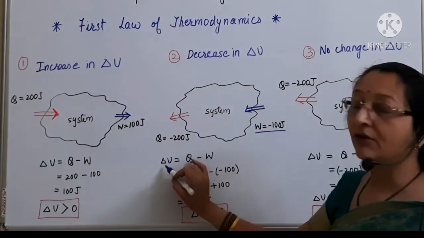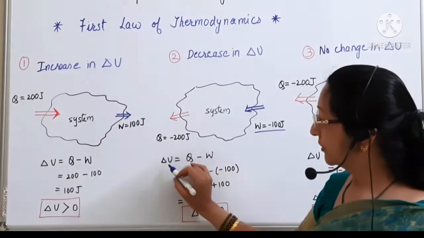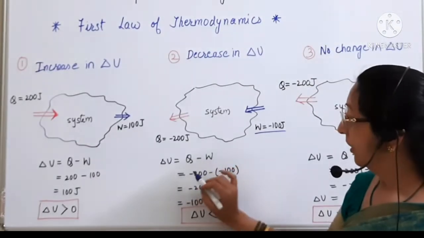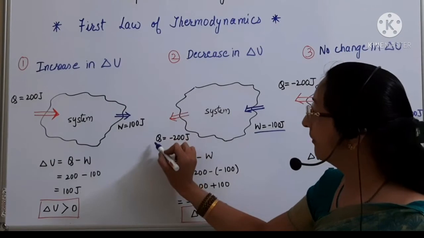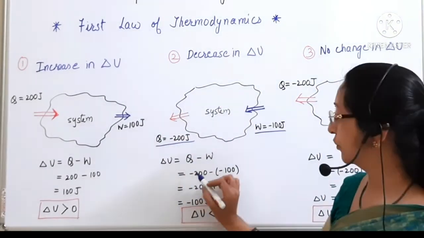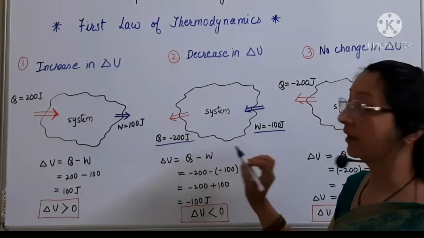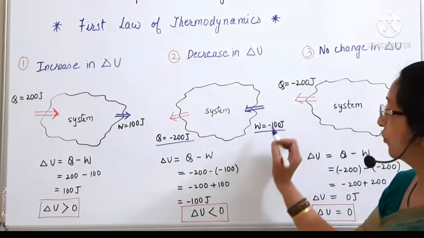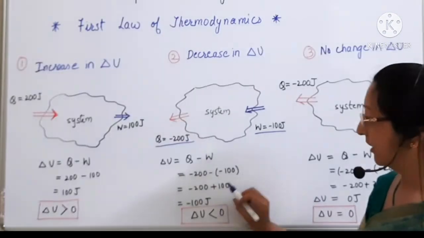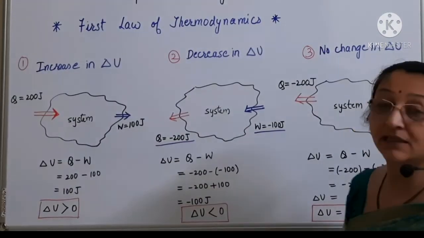So again, from the first law of thermodynamics, we have delta U is equal to Q minus W. Now Q is minus 200 joules. Energy released by the system, so minus 200. And work done on the system, so minus 100 joules. So this is minus of minus 100. So 200 minus of minus is plus.